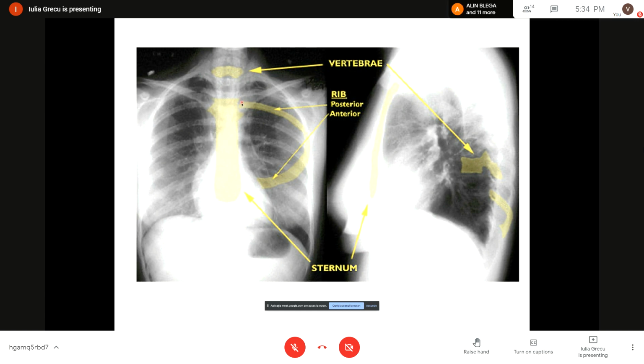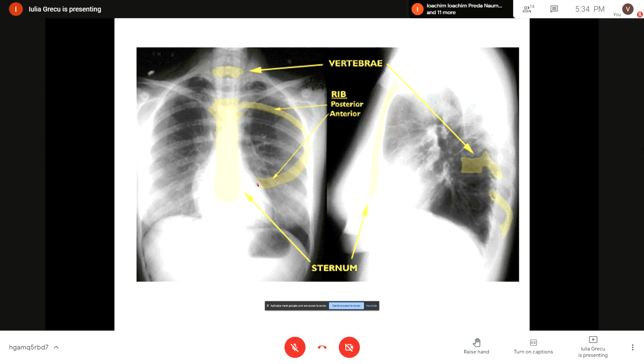Another bony structure is represented by the ribs. The ribs have three arches, the posterior, lateral, and anterior arch. They connect to the spinal column in the back, and in the anterior part, they are continued by some cartilages that connect them to the sternum.